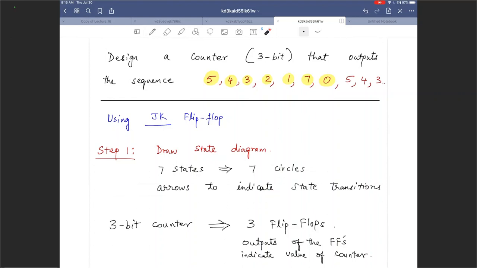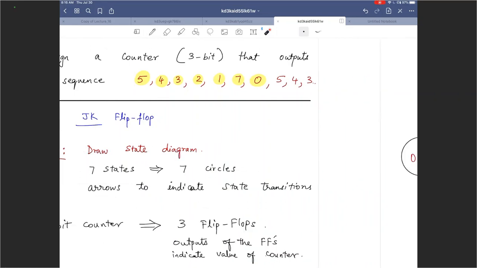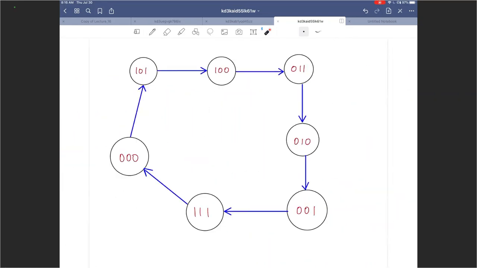So when we did step 1, the state diagram looked something like this. If you start at 5 here, we indicate the state by writing in binary the 3-bit output of the counter. And then we went from 5 to 4 to 3, 2, 1, 7, 0, back to 5, using the arrows indicating state transition and the circles indicating the states.